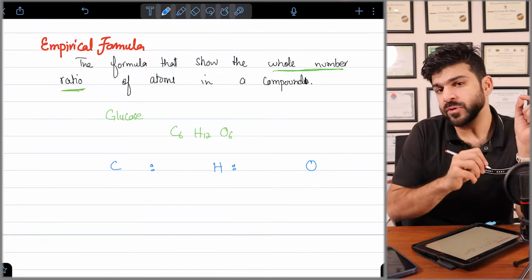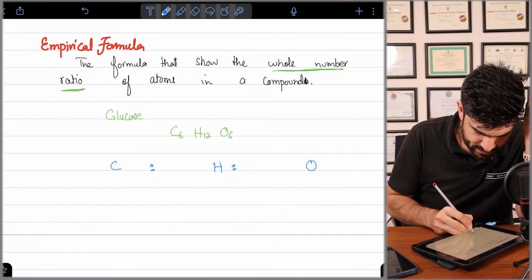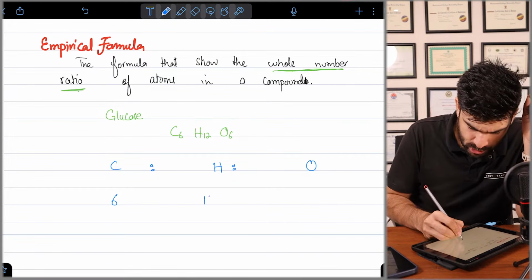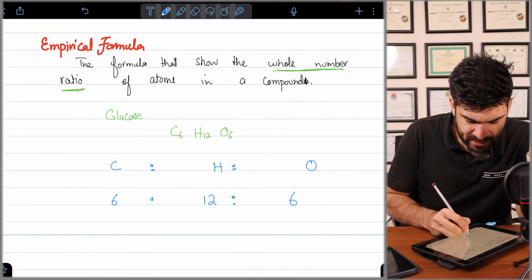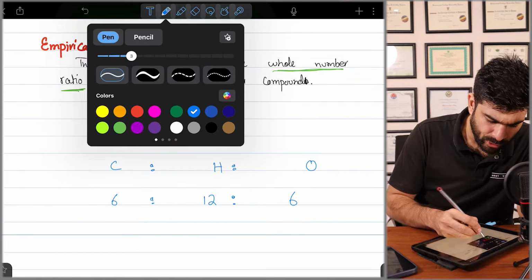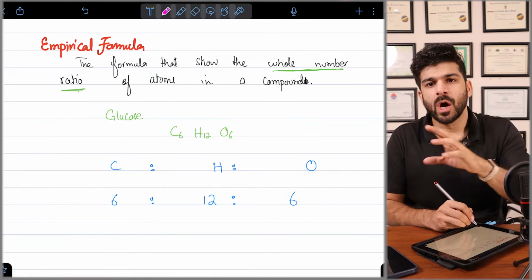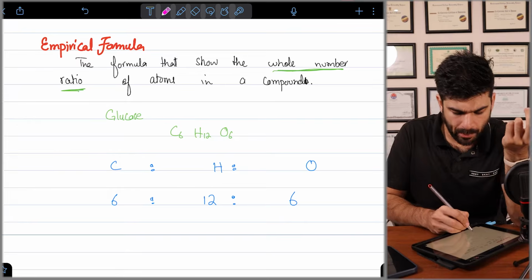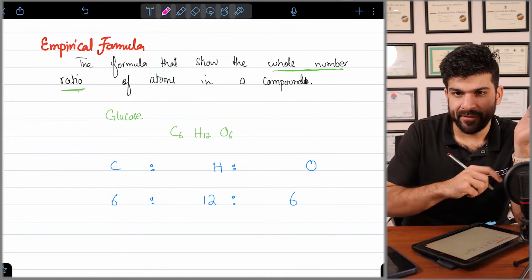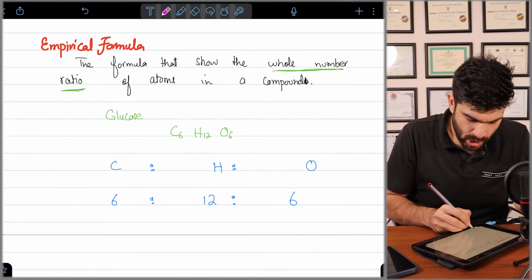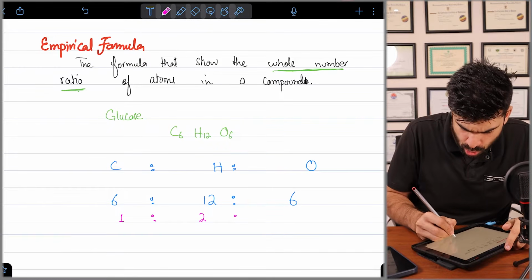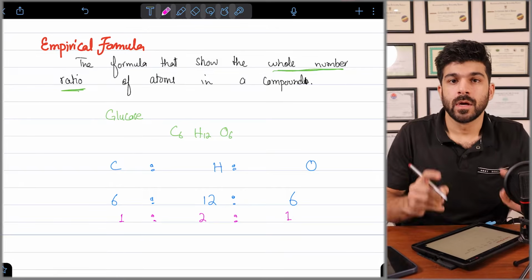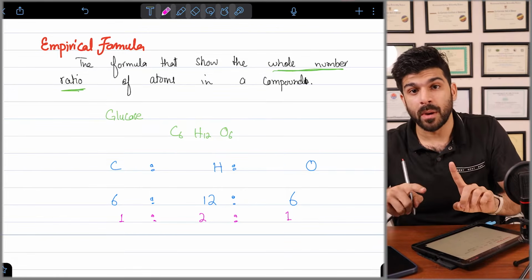How many atoms of carbon do you see here? 6. Hydrogen, 12. Oxygen, 6. You all have studied mathematics. Whenever we discuss ratios, we cancel them with a simple whole number. So if we divide all three by 6, you will get the ratio 1 to 2 to 1. This is the simplest whole number ratio.